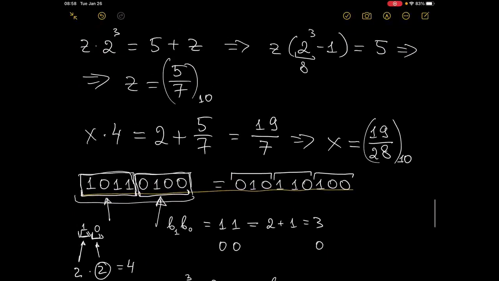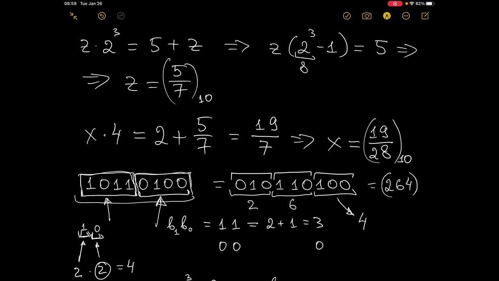So three bits represent 8 numbers, starting from 0 to 7, right? So for example, this would mean 4, right? This is 4 plus 2, 6, and this is 2, right?